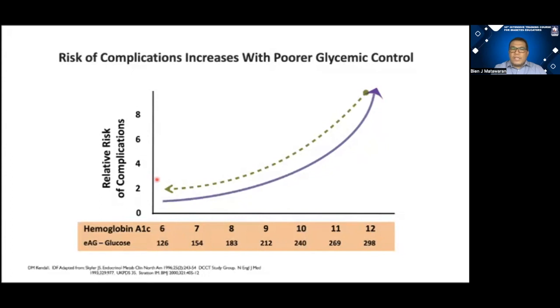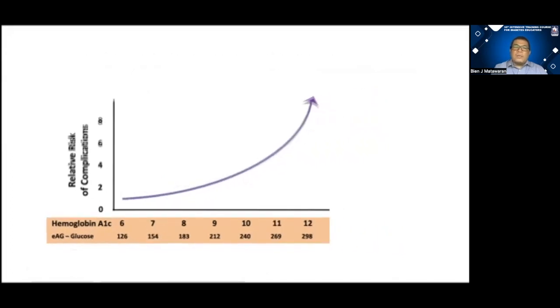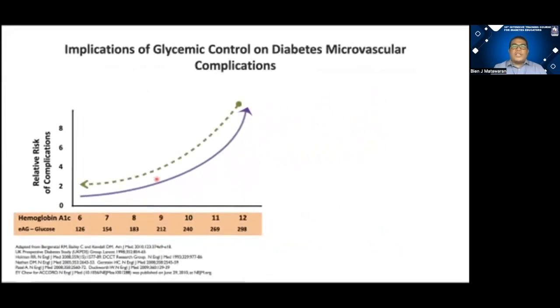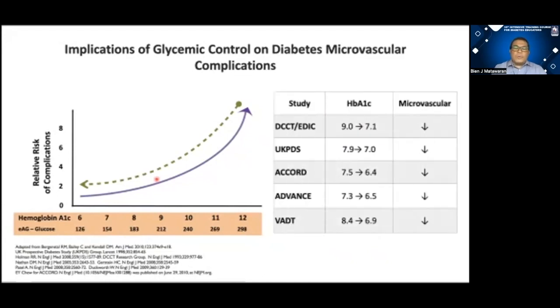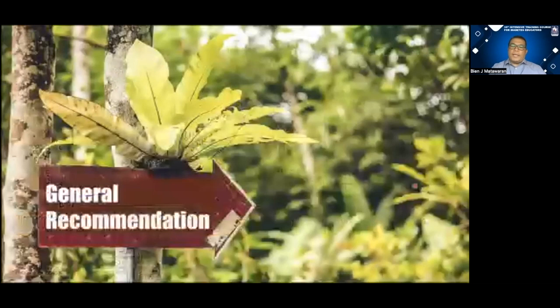And any intervention that will lower HbA1c will translate to reductions in complications, in particular microvascular complications. We saw that in type 1 diabetics in the DCCT trial, as well as in type 2 diabetics in the UKPDS, ACCORD, ADVANCE, and the VADT trial, that reductions in HbA1c produced reductions as well in microvascular complications.